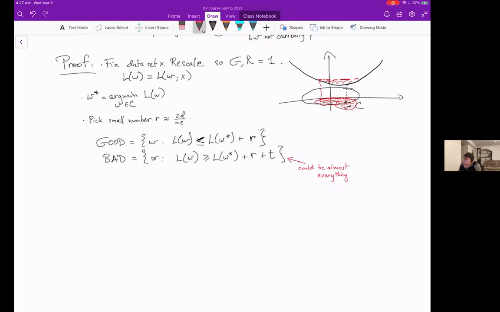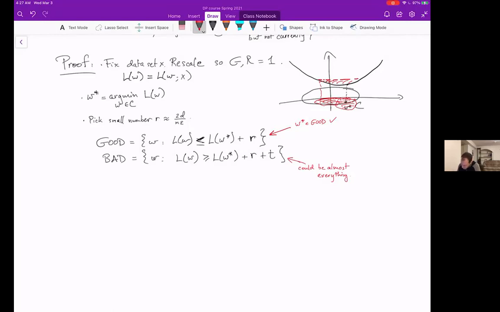But the good set, maybe I can say something about what it contains. Well, it contains W star for sure. That's good. What else can I say about it? I can say it contains all the points that are sufficiently close to W star because my loss function is Lipschitz.